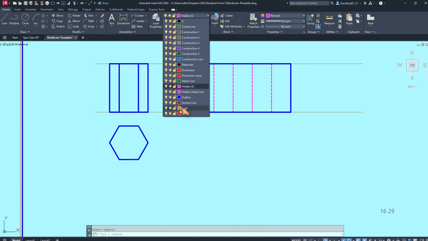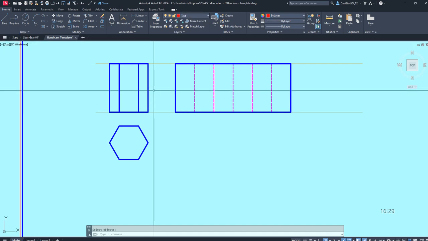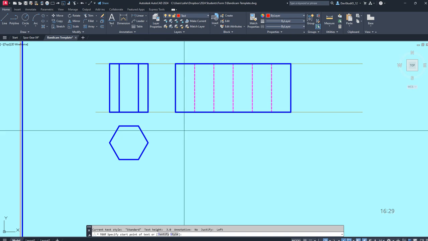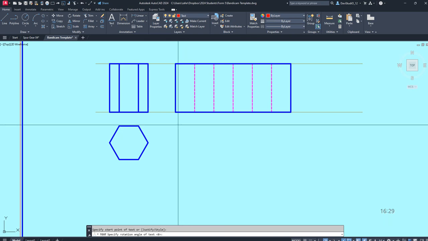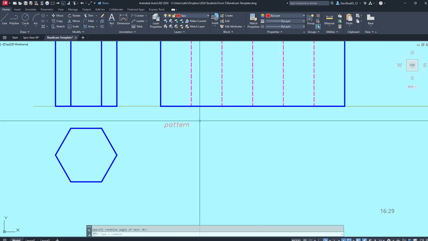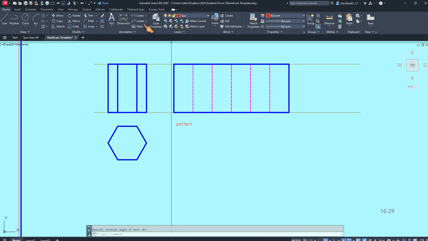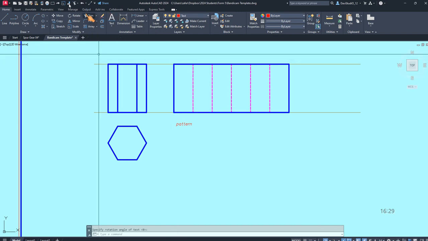Let's do the pattern. This here is called the pattern. I like putting capital letters, but you can live with that for the hour. Now the problem calls for a hexagonal prism.